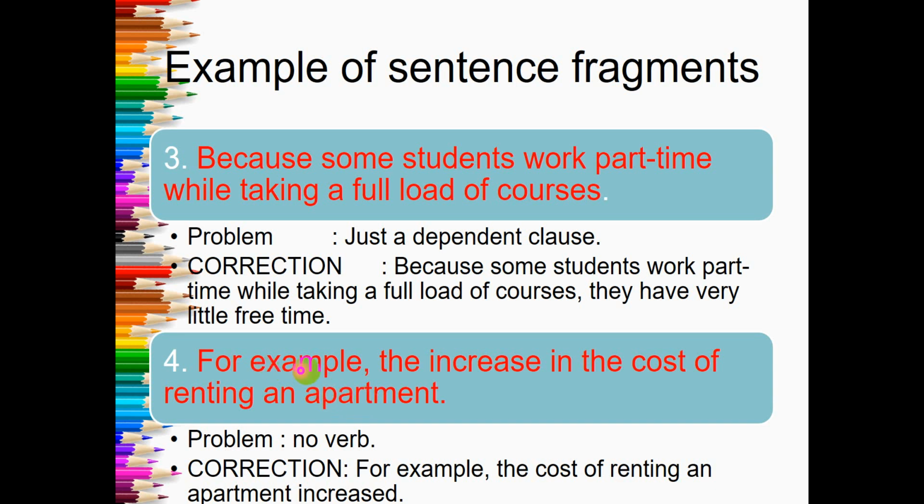Written, formal language should have complete sentences. Here there is no verb, so you have to add a verb. For example, "The cost of renting an apartment increased." We add the verb "increased," then the sentence is complete.